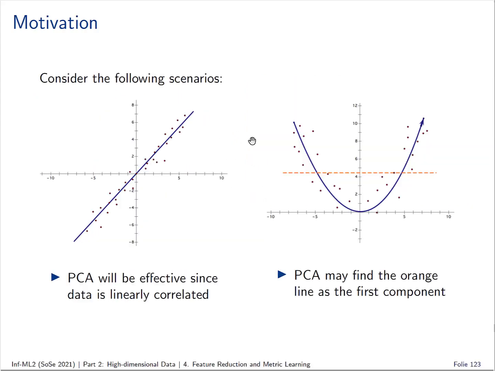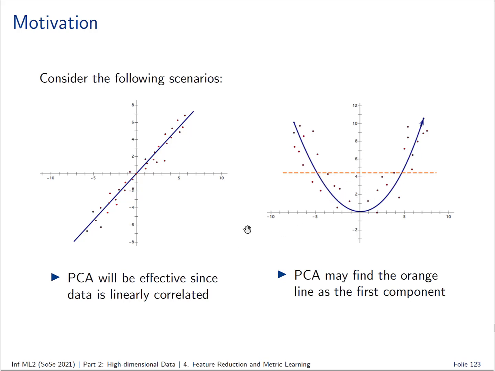First of all, once again, the idea of this kernel trick: we have these two scenarios here. Here we have a linear correlation among the features. Here we have a non-linear correlation of the features, a quadratic relationship between x and y.